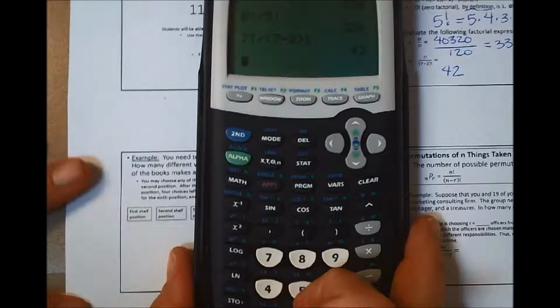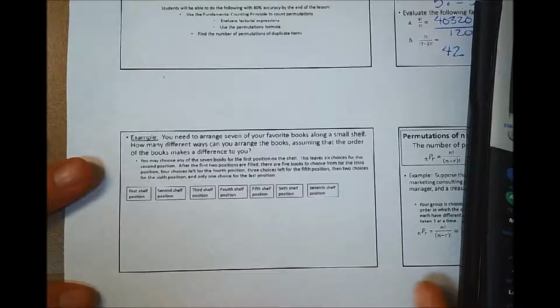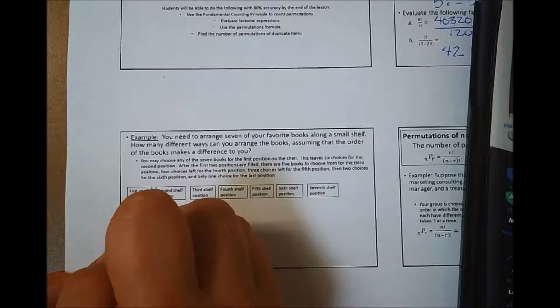So here's an example of a question that there might be one like this on the homework. You need to arrange 7 of your favorite books along a small shelf. How many different ways can you arrange the books, assuming that the order of the books makes a difference? You have 7 different books you can put in the first shelf position.